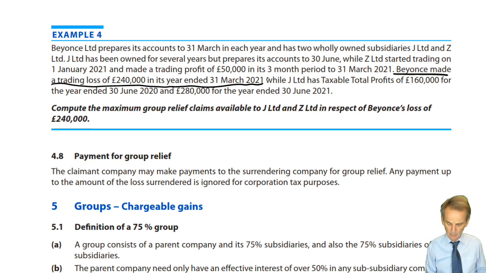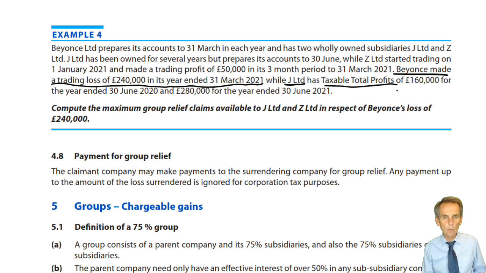The continuing company, which was J Limited here, has got taxable total profits, not just for one, but for two periods, both of which are partially coterminous with our loss-making period of Beyonce.